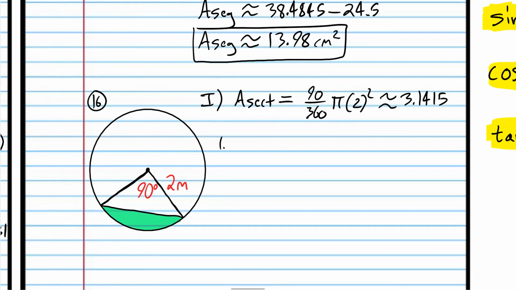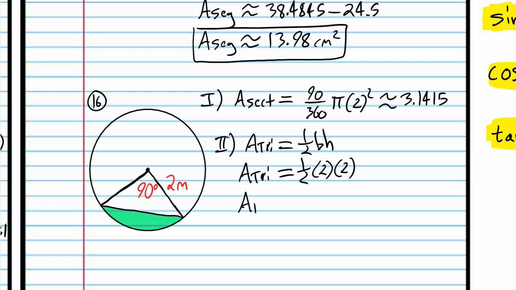Now the second step, area of the triangle, is equal to 1/2 base times height. The base is 2 and the height is 2. And we get 2.